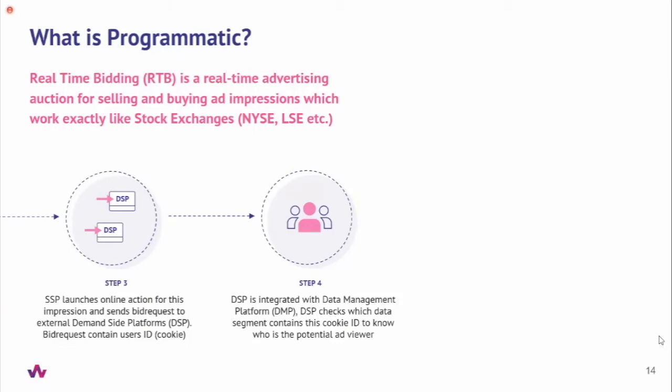As an example, if someone bought air tickets yesterday, for example to some other country, and opens any website on the internet and launches all this process, in this case some specific DSP platforms, for example the DSP of some huge insurance company, can check the cookie ID of this user and understand that he bought an air ticket yesterday.